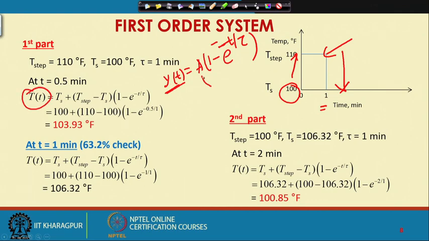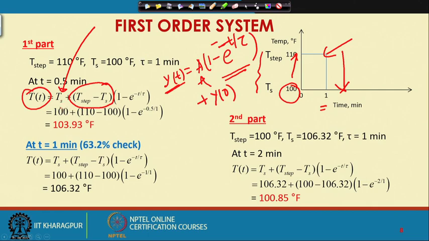A is the magnitude of step, so this is the difference between these two, and y 0 we talked about in the previous problem also. So, it is the initial temperature that the thermometer was showing.